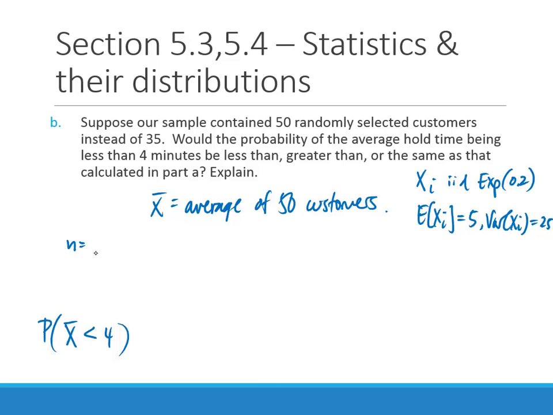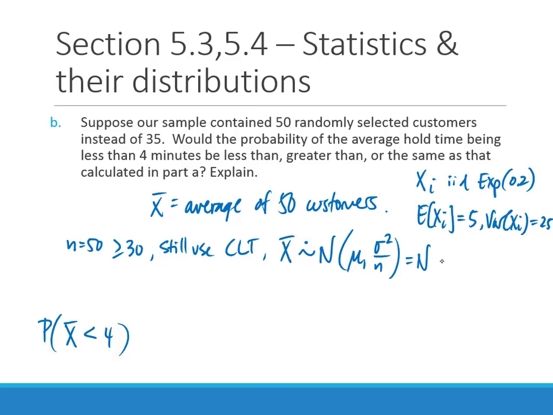So n, if we have 50, is still bigger than 30, so we can still use the CLT to say that x bar is approximately distributed as normal with mean mu and variance sigma squared over n, which is normal with mean 5, and the variance is now 25 divided by 50.